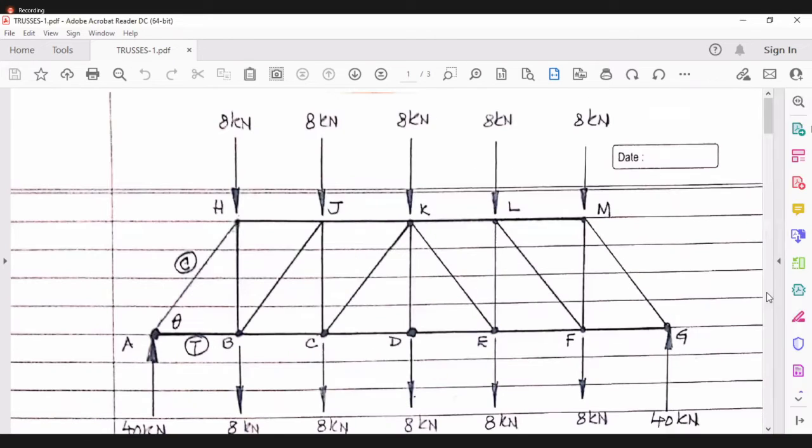So, you all smarties, we had started working with this truss in the last class, and today we are going to continue with it. Now, this is a bridge truss.